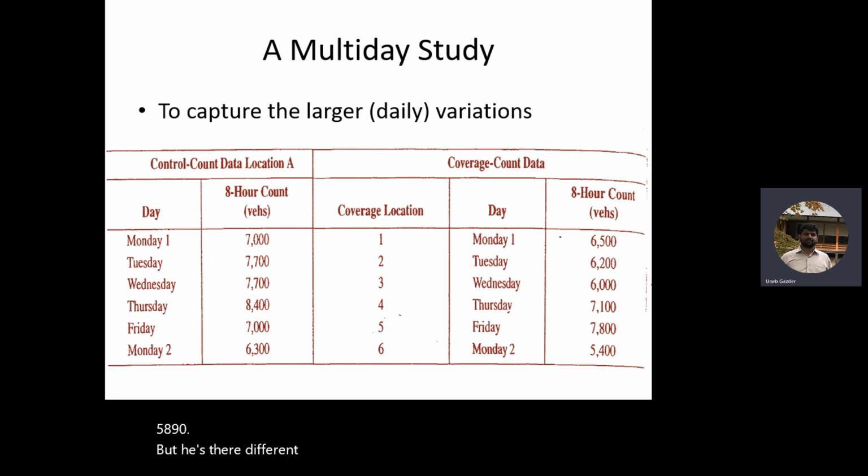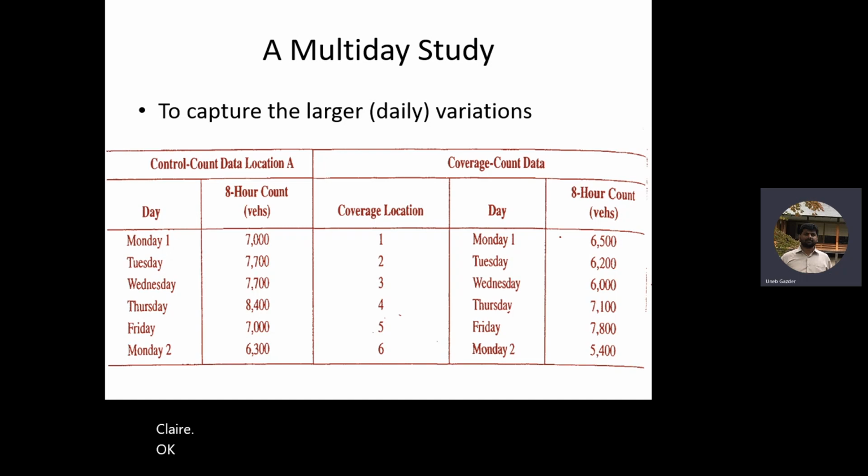For each day, different count and different factor. 5700. 6248. 7,800 multiplied by 1.05. 8190. 631. Any questions? Clear?